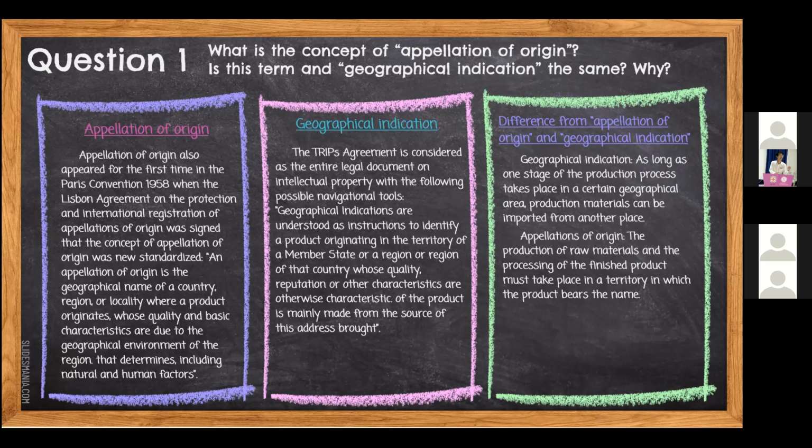For an appellation of origin, the production of raw materials and the processing of the finished product must take place in the territory in which the product bears the name.